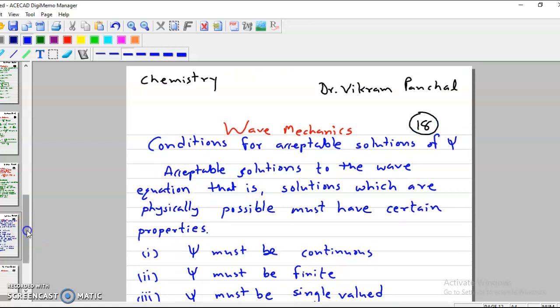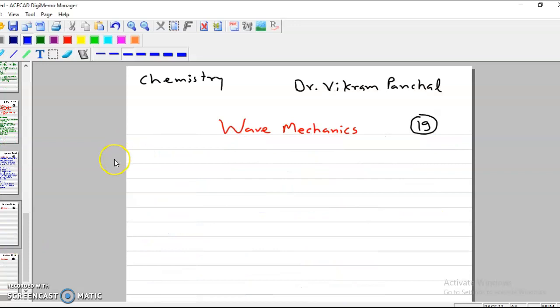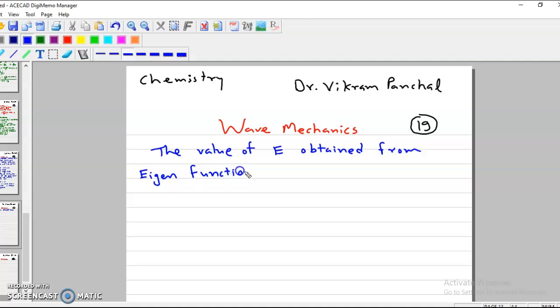Okay, and one more thing, that the value of E obtained from the eigenfunction is known as eigenvalues.